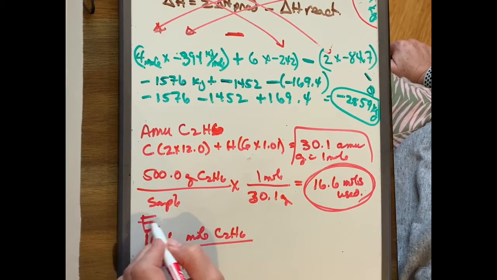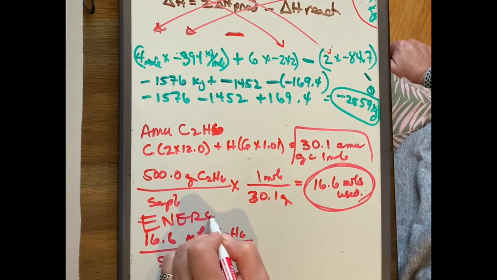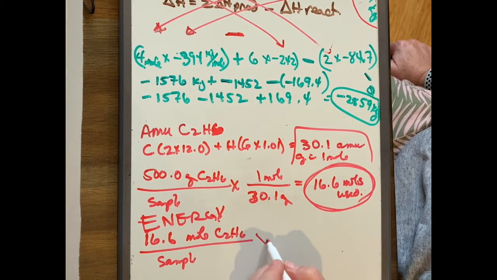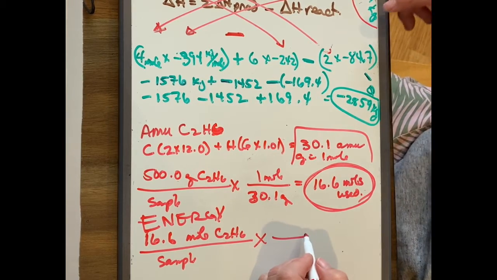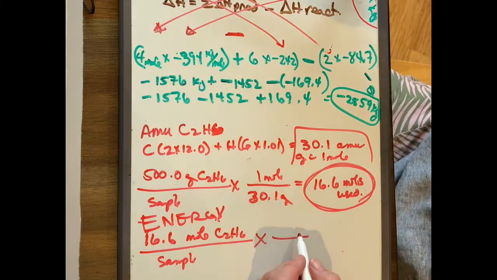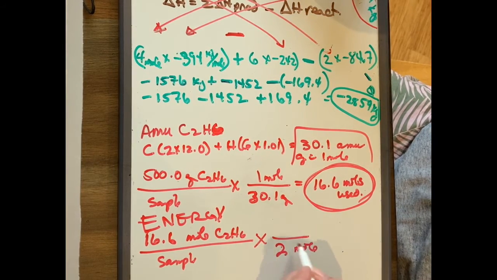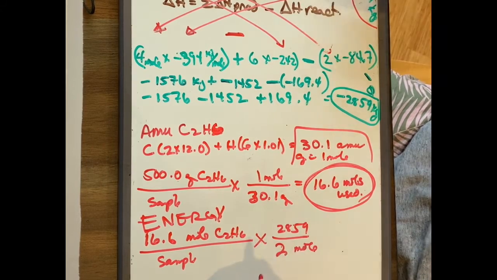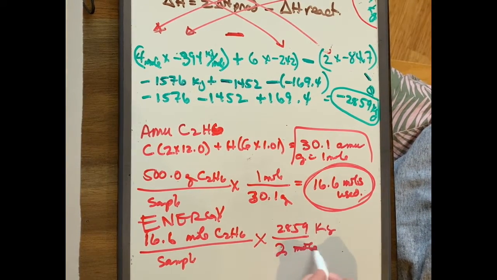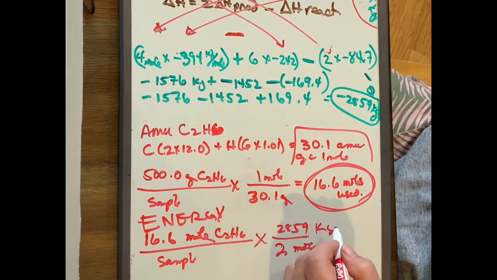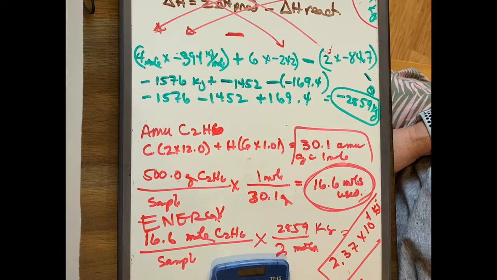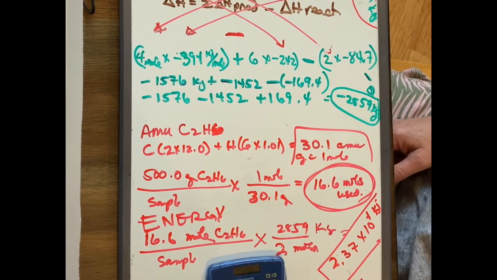And we're going to say energy right here so we know what we're doing. We compare it to our ratio of 2 moles to 2859 kilojoules. If we get rid of that, divide and multiply, we end up with 3.4, so that's 2.37. That's where we get that, and then 10 to the 4th.